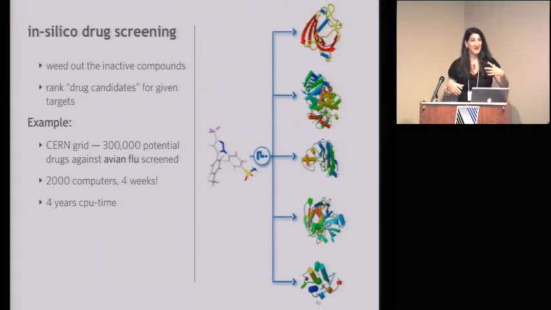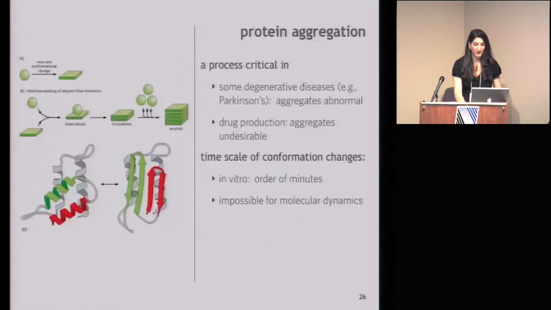So this just gives you an idea of the magnitude of the problem, just to study 300,000 potential drugs against one sickness. And there's hundreds of sicknesses that one would wish to develop drugs for. So this is the magnitude of the problem. And clearly, high throughput computing is going to be an enabling technology here.